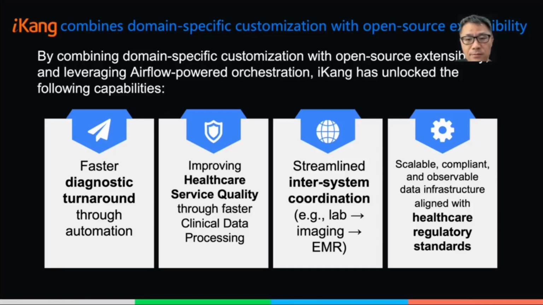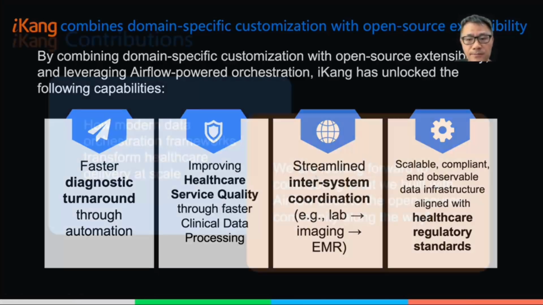From the lab result, anomaly detection, to the imaging appointment, and finally showing the result in the EMR. Airflow helps us coordinate the complex system coordination very well. Finally, Airflow helps us to make this scalable, compliant, and also observable, to be aligned with healthcare regulatory standards.